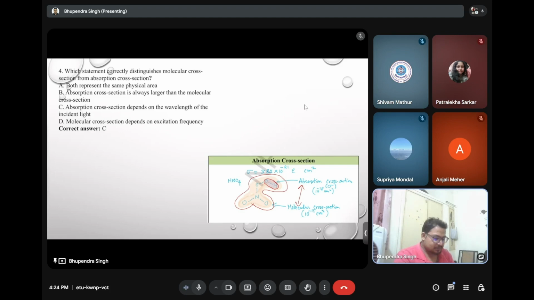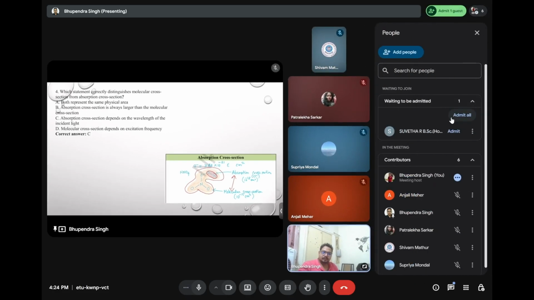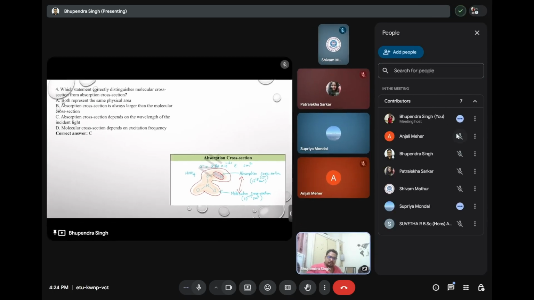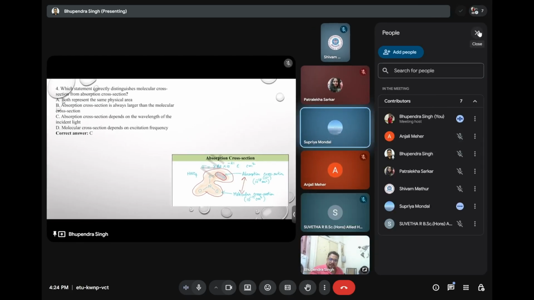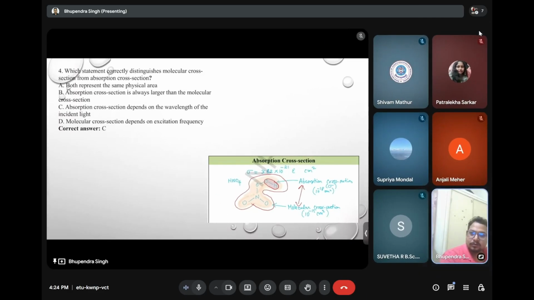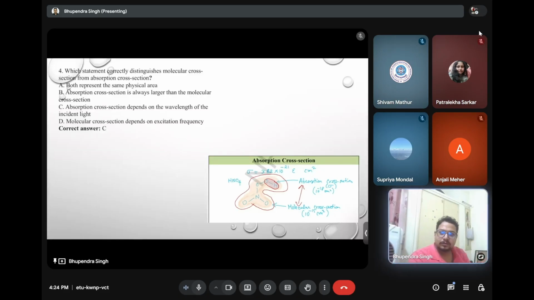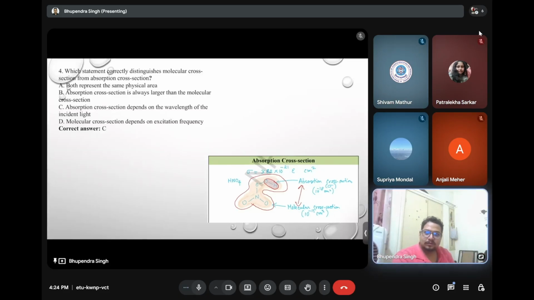The absorption cross section is always smaller than the molecular cross section, because the molecular cross section is the area of the whole molecule. The whole molecule, all the bonds between the atoms, will not absorb, because you are giving a particular wavelength.